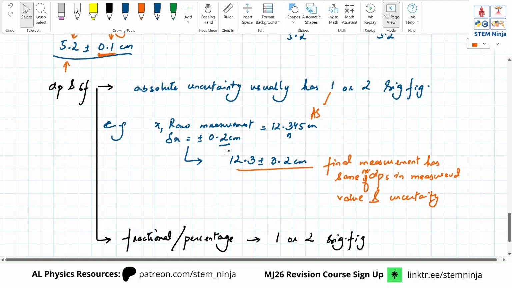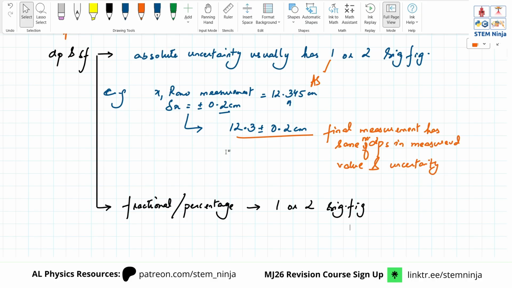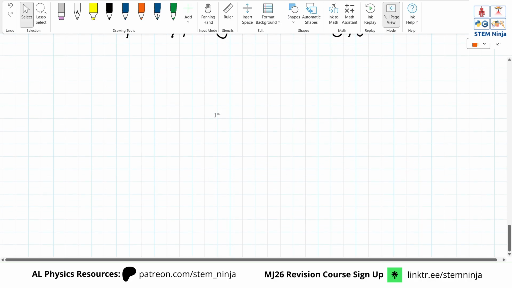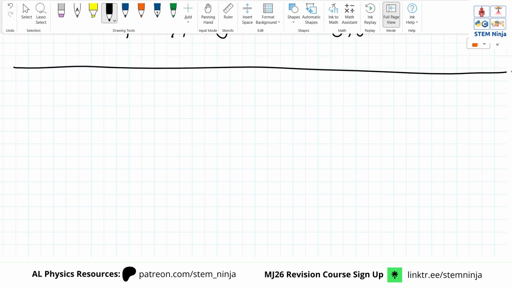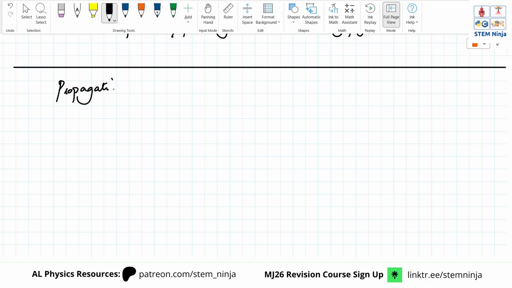Now, the propagation or the compounding of these uncertainties when you're adding, subtracting, or multiplying, dividing quantities, that is what's going to change the game over here.